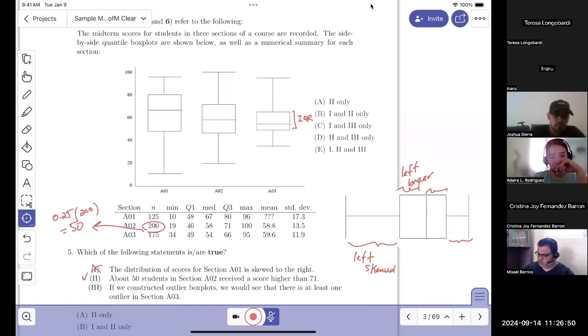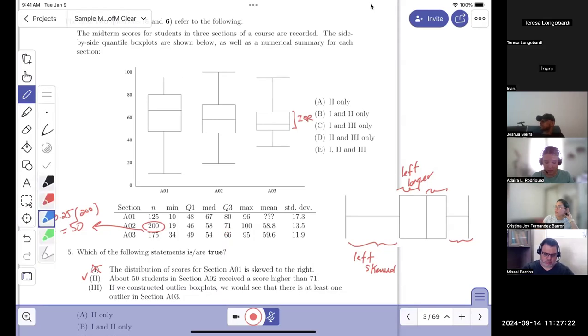So let's see if I can just do that on here. This is like 1.5. Yeah, this looks like there's going to be something there, right? So let's do the number calculations. We're using this data here, and we don't need these. We see Q3 is 66 and Q1 is 49.